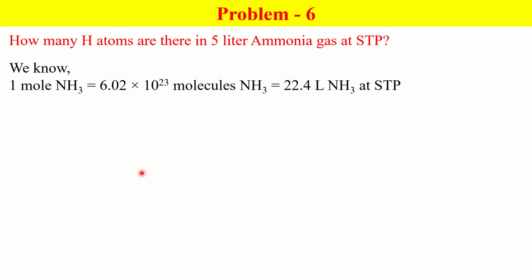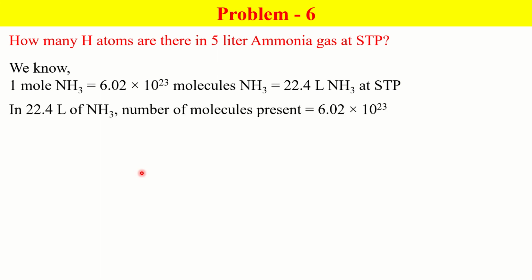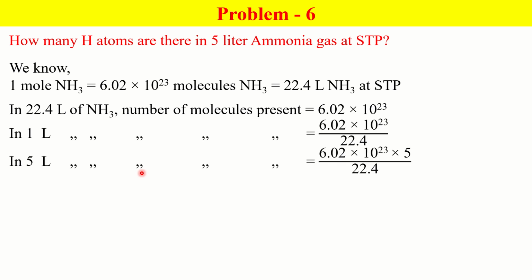So in 22.4 liter ammonia there are 6.02 × 10^23 molecules. So in 5 liter ammonia how many molecules present? 1.34375 × 10^23 molecules of ammonia present in 5 liter ammonia.